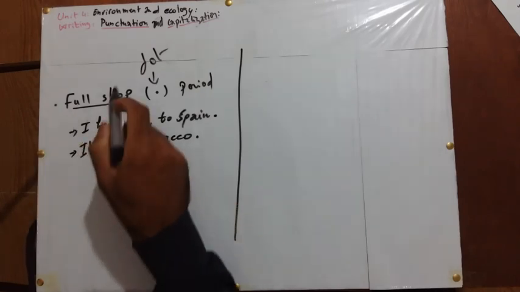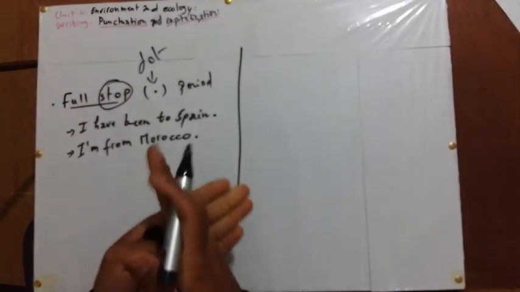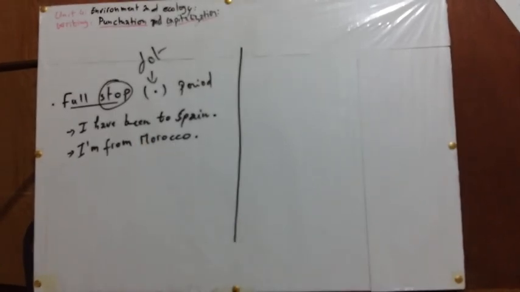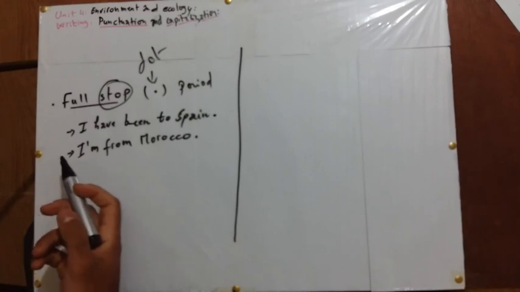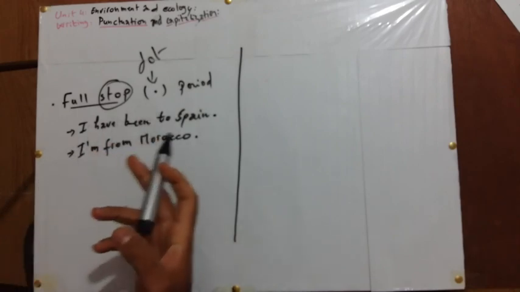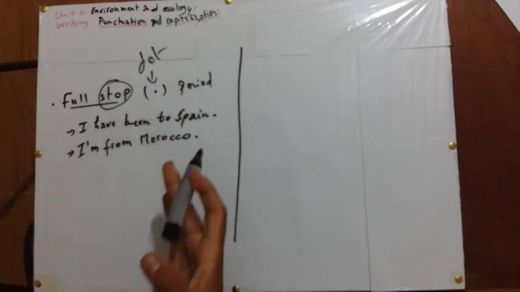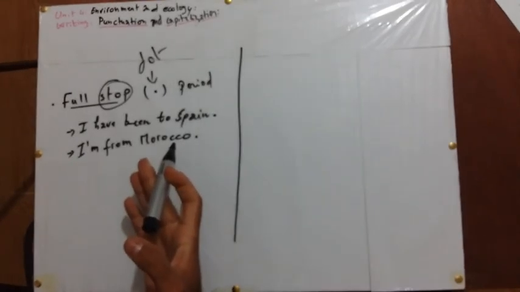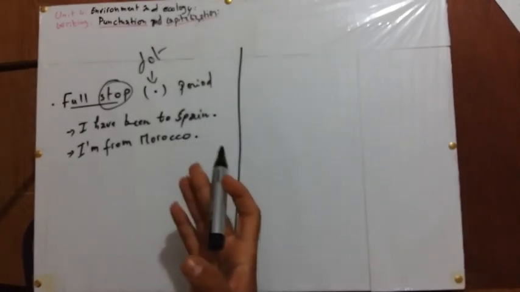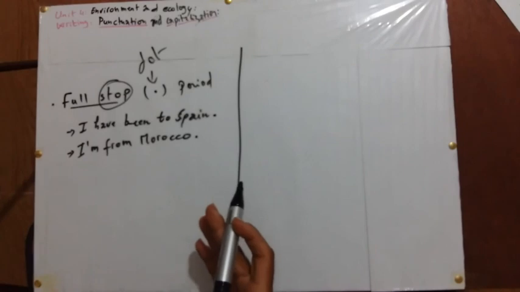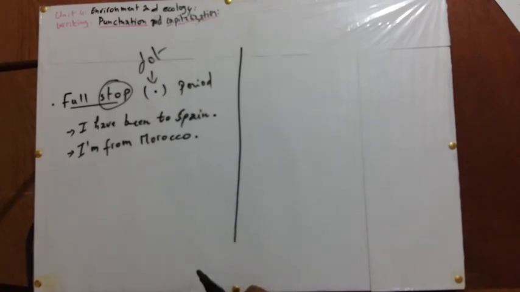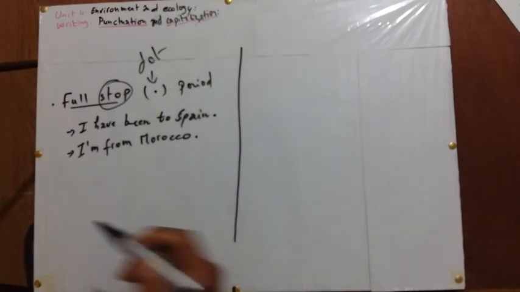That's why it is called a full stop. I use it to stop a sentence. So we can say we use the full stop to finish a sentence and also to finish an idea. Finishing a sentence is the same as finishing an idea.